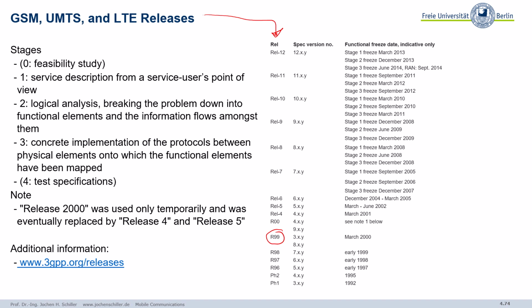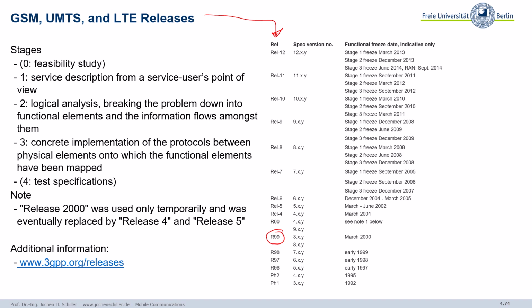Why switch from this numbering to the other numbering? Well, in former times, Release 99 was meant to be finalized in the year 1999. So each year a new release. But that put too much pressure on the standardization body.